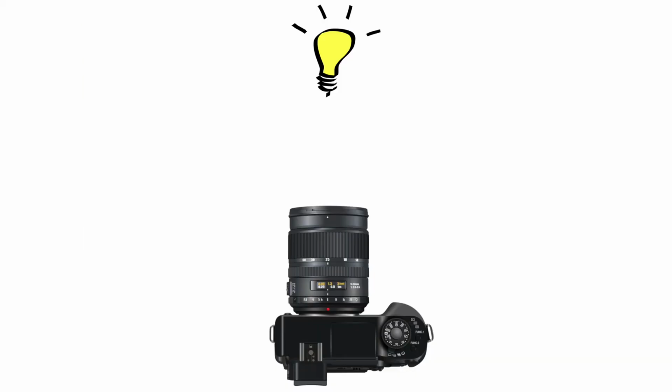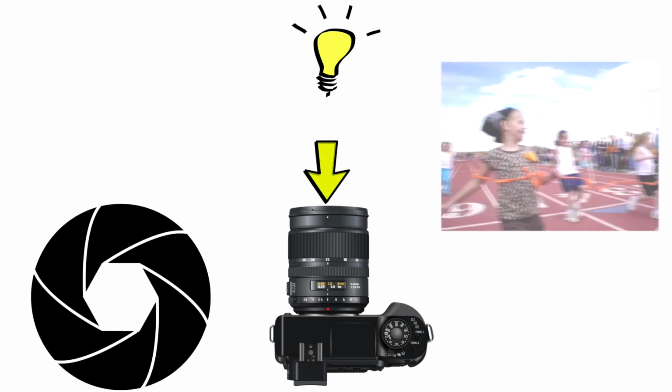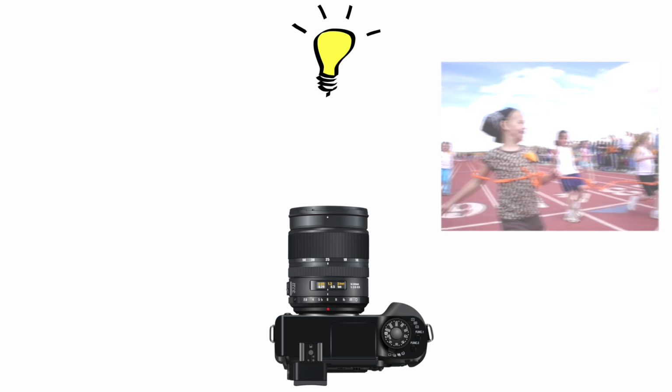On the other end of the spectrum, if you have a slow shutter speed, it's going to let in a lot of light. You're going to have to make up for that with aperture and with ISO. It just depends on how you want the action displayed.